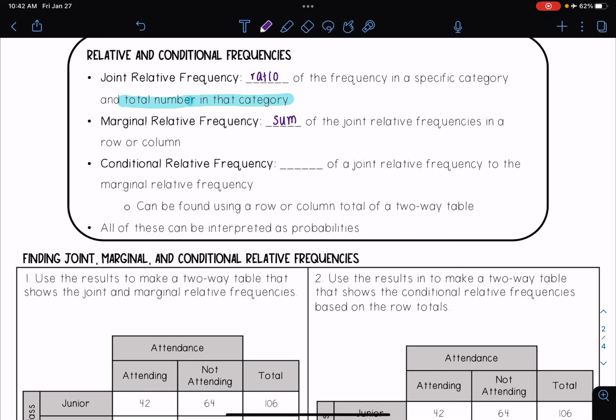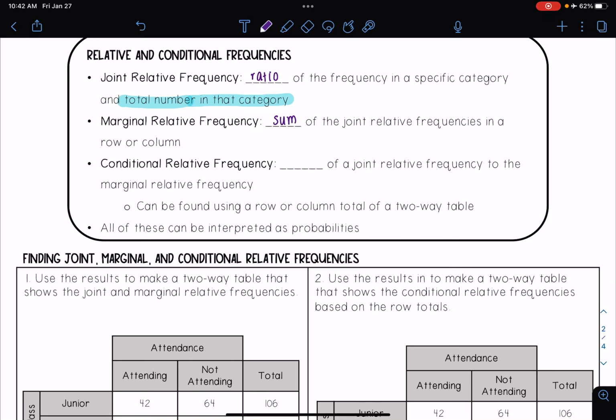So it's kind of a lot, so let's look at some examples so we can see visually what these three different types are. So in this first one, we're going to use the results to make a two-way table that shows the joint and marginal relative frequencies. So the joint ones are going to be in these four boxes, and the marginals are in the totals.